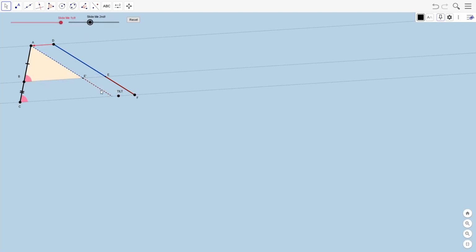Now we've got a parallelogram here, so these are congruent and these are congruent. But notice that because of these angles being congruent, and of course they share an angle here, we have some triangles here, a triangle there, and then a triangle here that are similar. And that gives us these are proportional to these here, but these are the same as the ones over here. So that's basically our proof there.